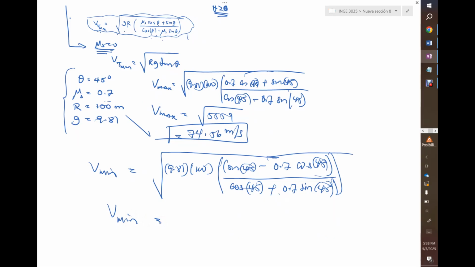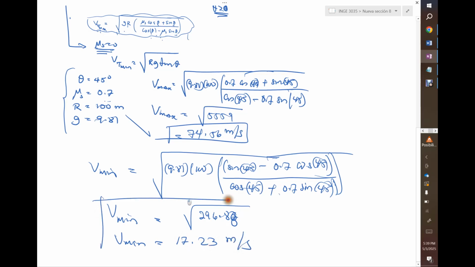All right, so that's the square root of 296.87. So v min equal 17.23 meters per second.